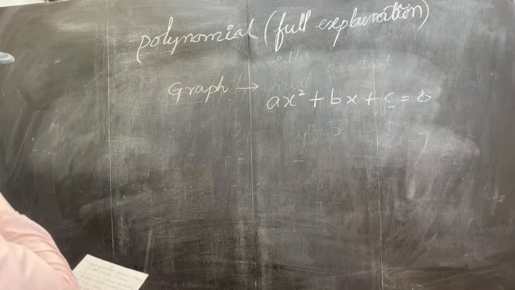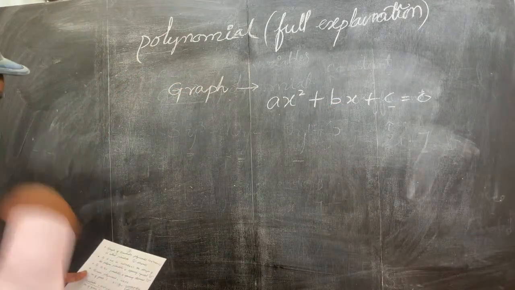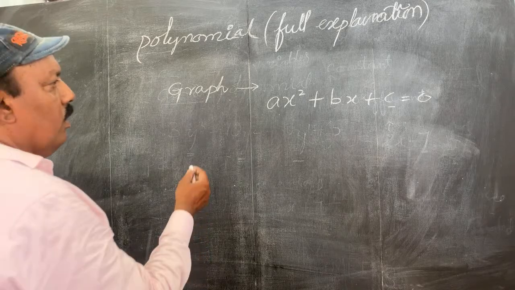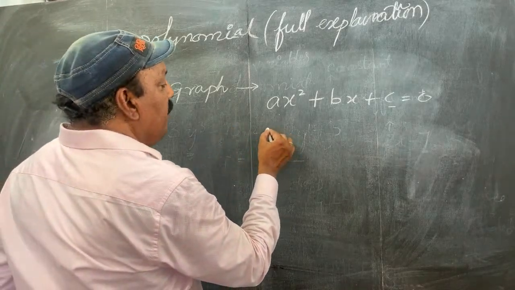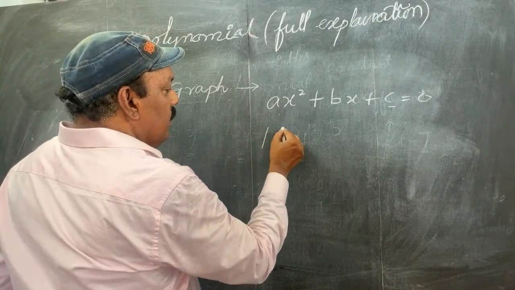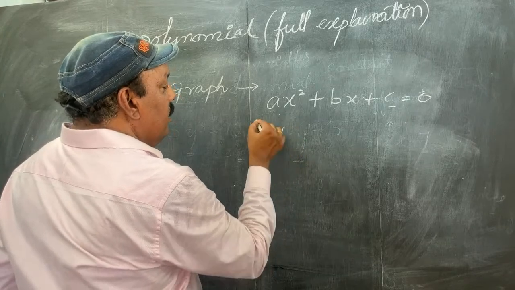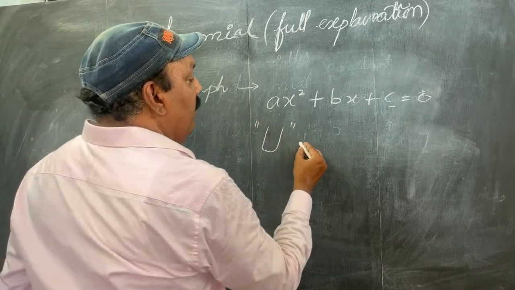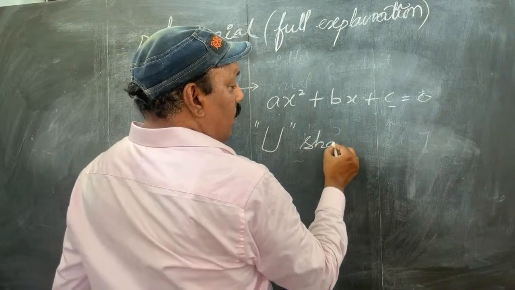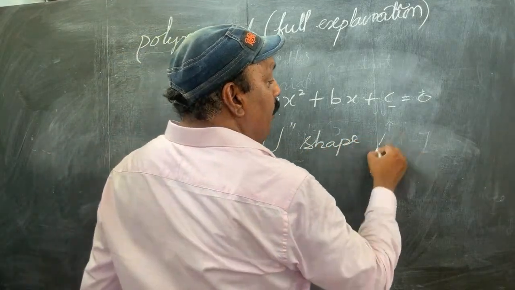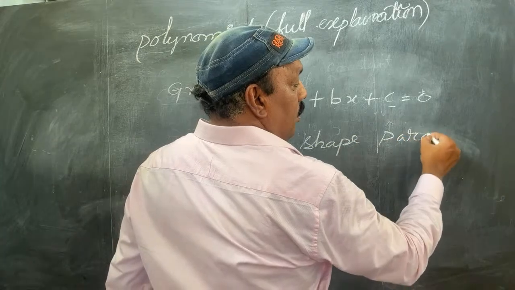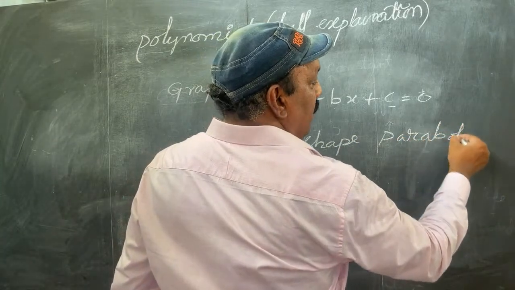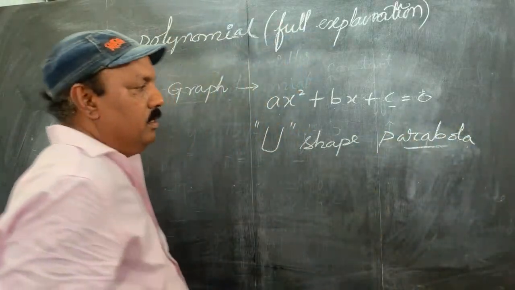When the graph of a quadratic polynomial is plotted, it is always a U shape, or we can say a parabola.